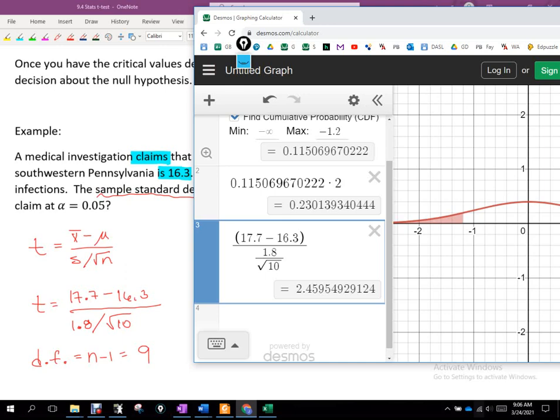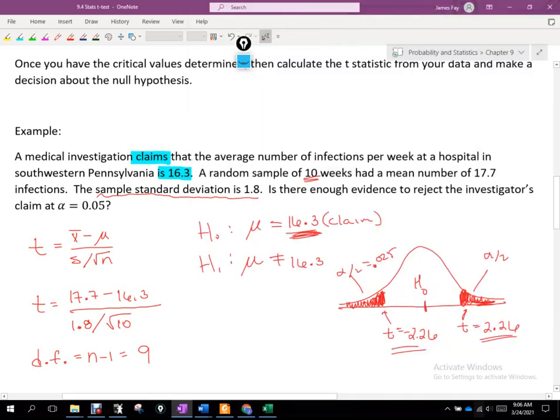So it gives me 2.459. And 2.459, that's the t statistic, that's the test statistic. Would fall right there, correct?